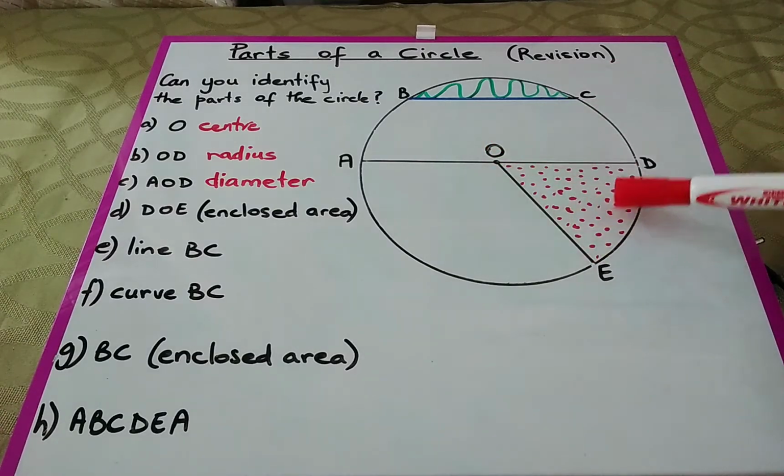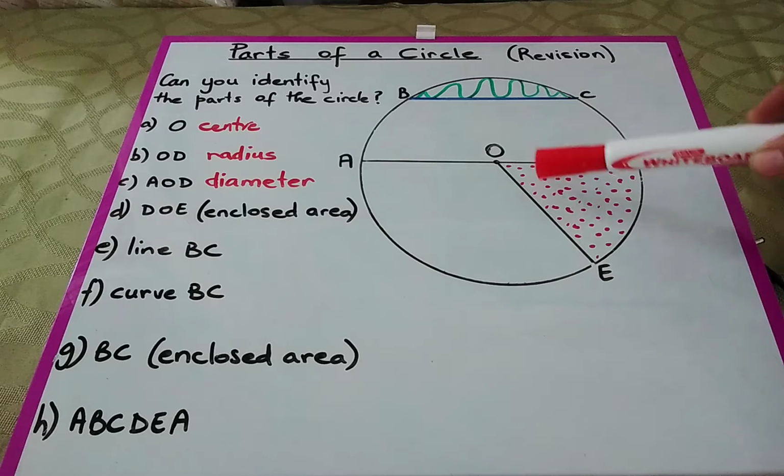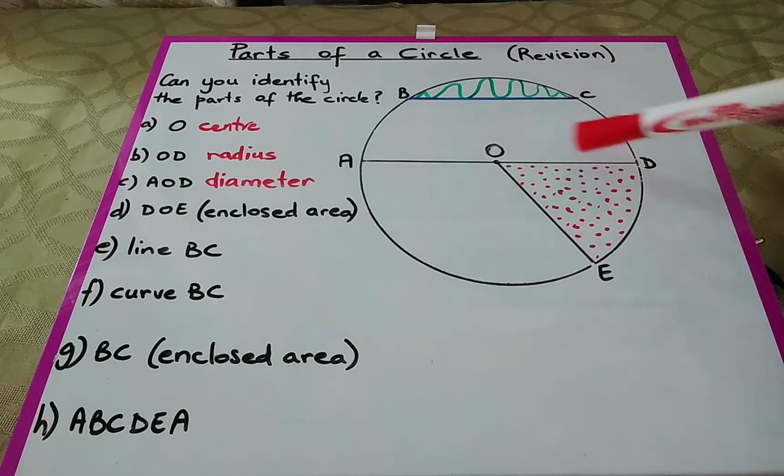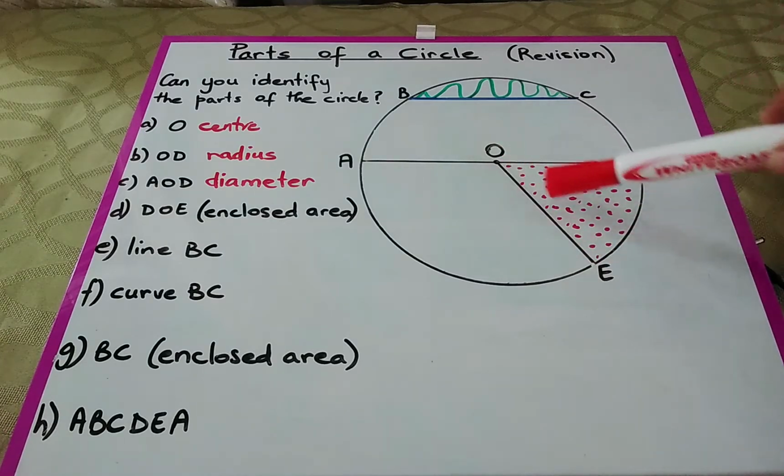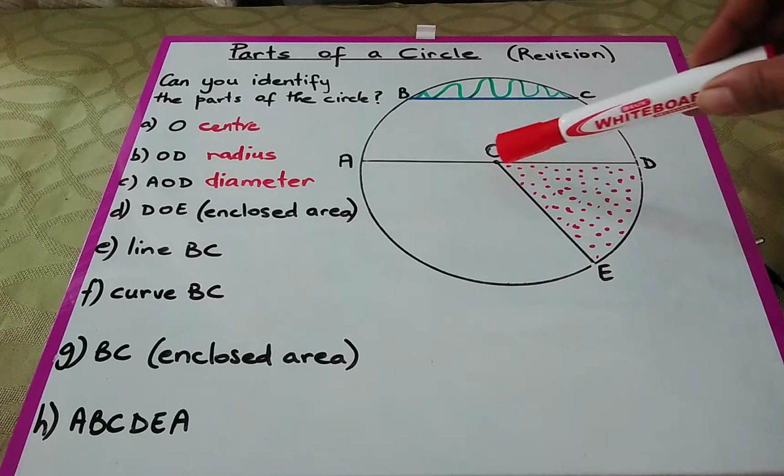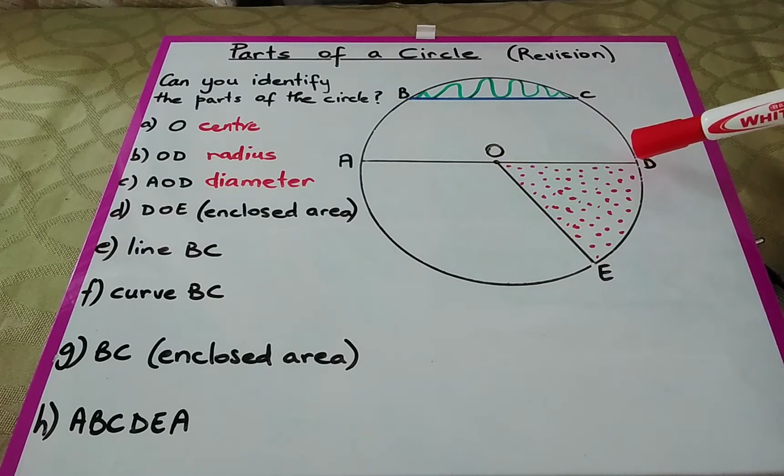The area that is in polka dot, red dot, DOE, it's enclosed between 2 radii and an arc. What do we call that area? It's called the sector. The sector looks like a pie. Sector, a pie cutout.